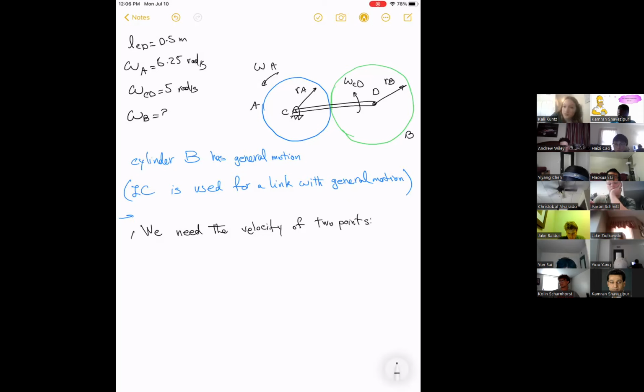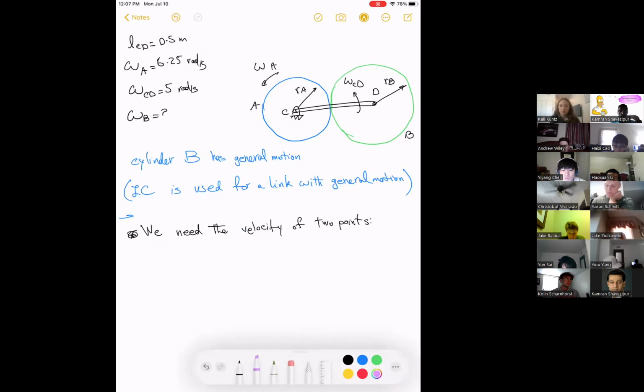Which points could those 2 points be? I need 2 points whose velocity I know. Which point should I pick? I pick B. Point B.